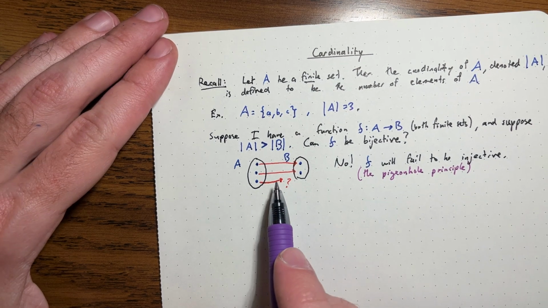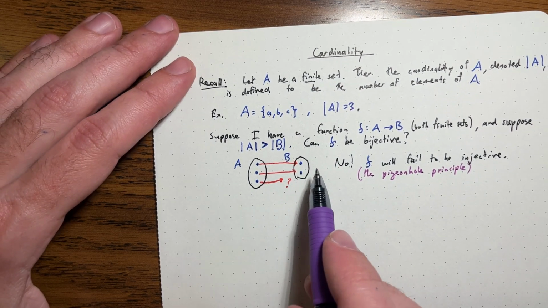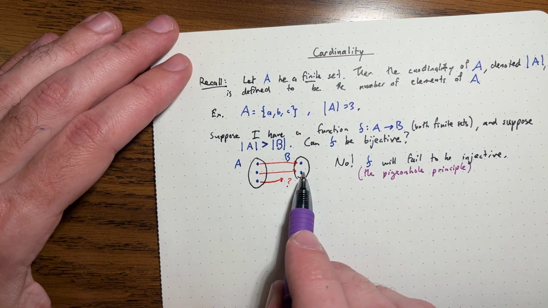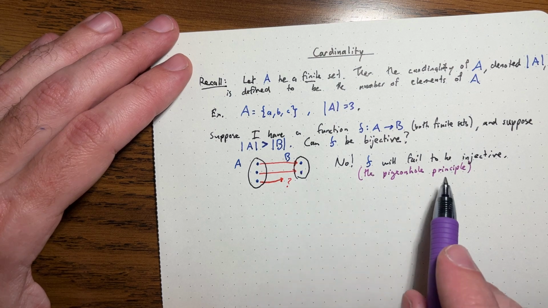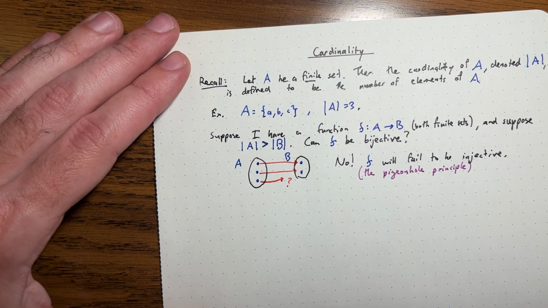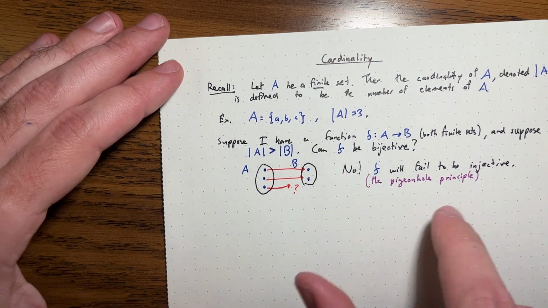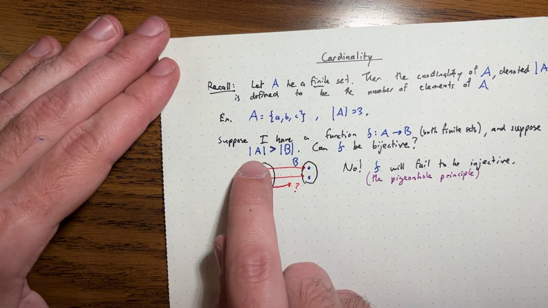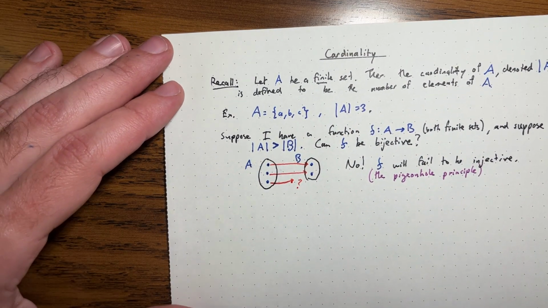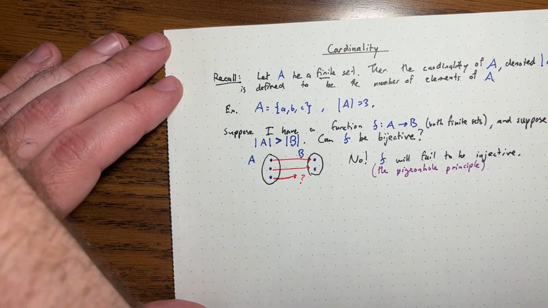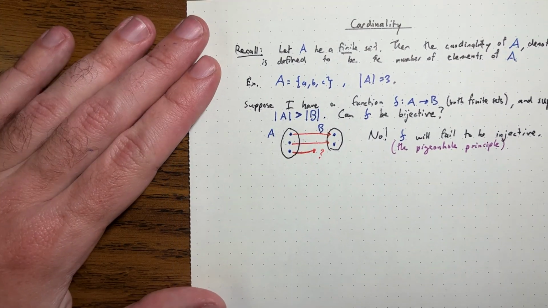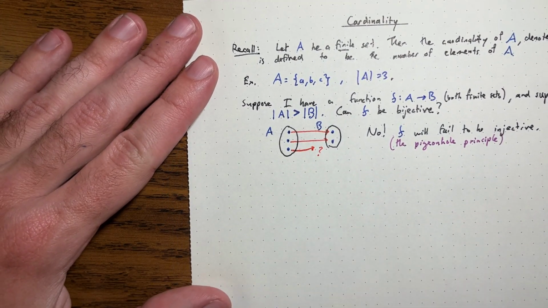All the pigeons have to go somewhere, so there's going to be a pigeonhole that has 2 or more pigeons in it. That's what the pigeonhole principle says. It's essentially the statement that a function from a set with a strictly larger cardinality to another set with a strictly smaller one cannot be injective. Okay, so hopefully that's pretty intuitive.